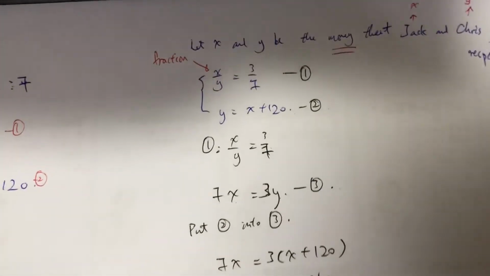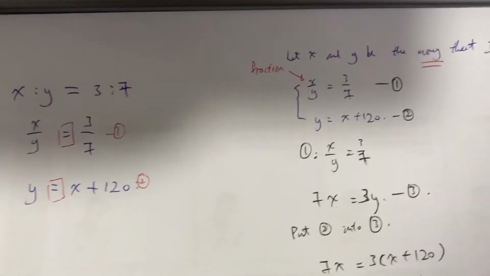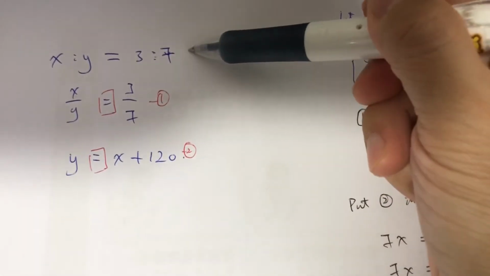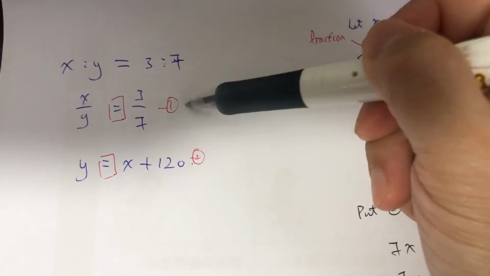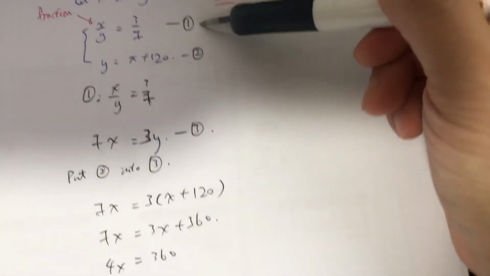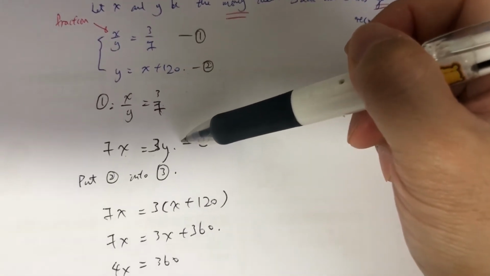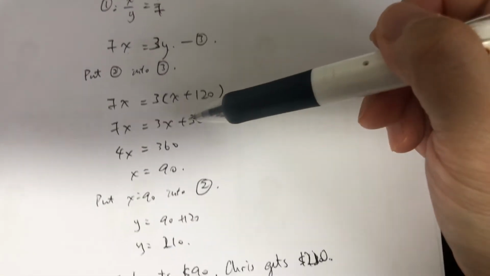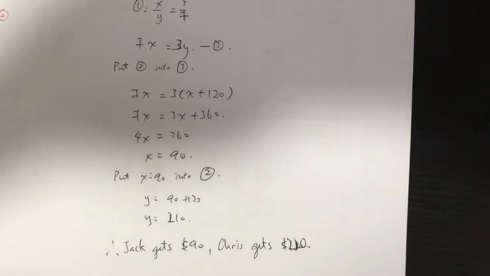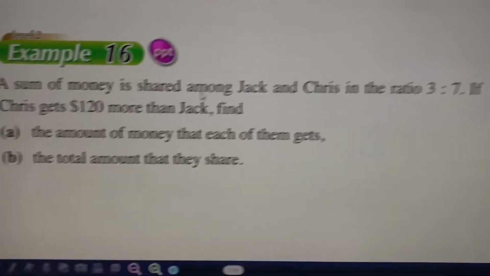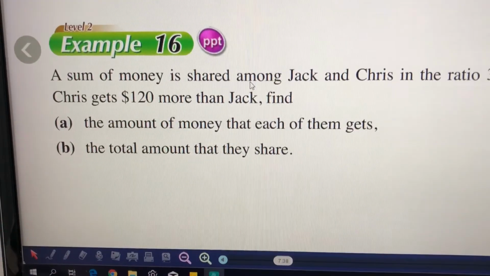The main part that we should know how to solve is to change the ratio into a division, into a fraction, and then simplify the fraction into a simple equation, and then put them together to find the answer. So this is the answer of part A, because part A is asking for the amount of money that each of them gets.